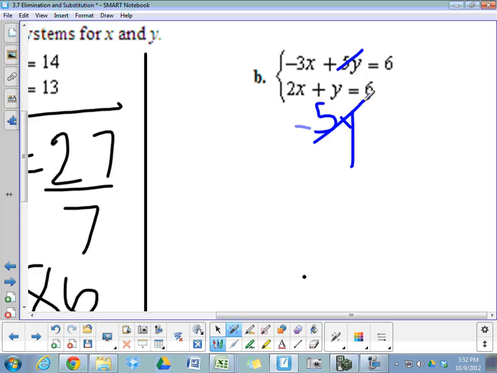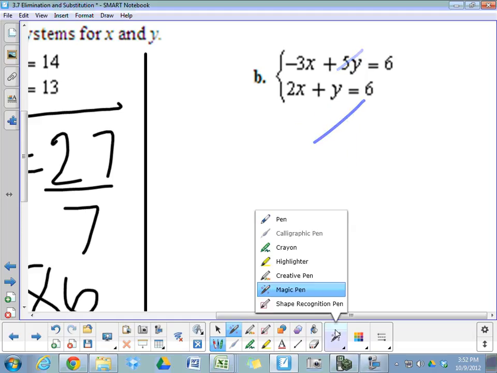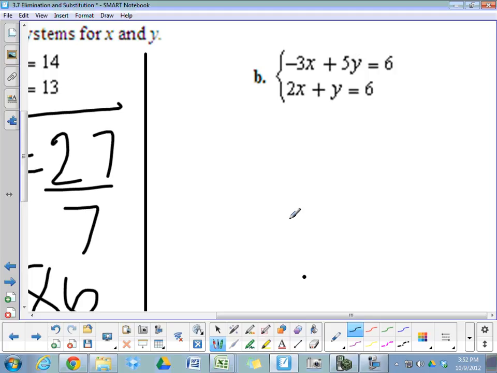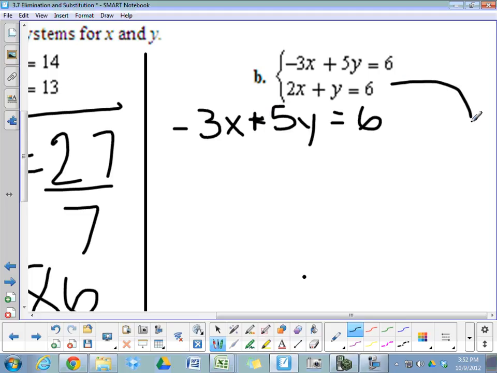The positive 5y and the negative 5y would cancel. So what we're going to do here is leave the top equation alone. Go ahead and write that down in your paper. The top equation is staying put just the way it was. But the bottom equation, we're going to take every term in it and multiply by negative 5.